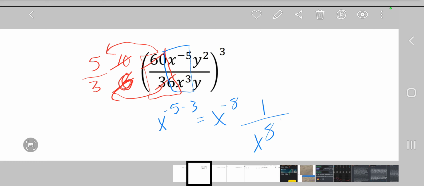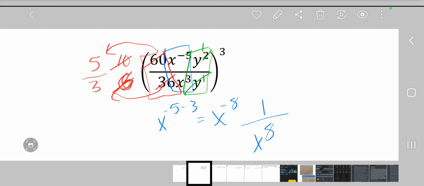If you're negative, go downstairs. I also have a y squared over y. Again, I can take 2 minus 1 to get just y. Or another way to simplify those is who's got more game. There is one more y upstairs, so y to the first.